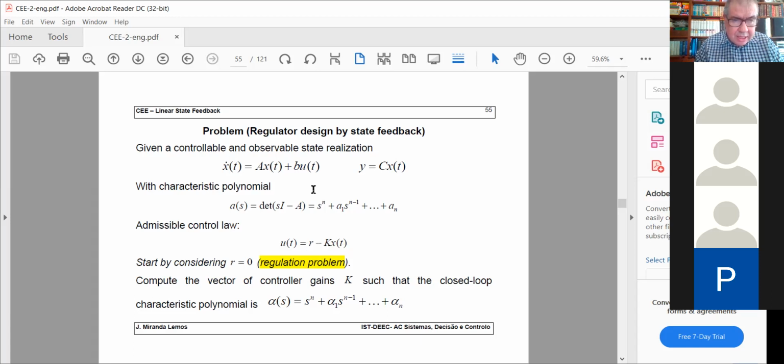So you plug it there, okay? And instead of imposing the closed loop eigenvalues or the closed loop poles, you select a polynomial with the poles that you want to impose. So this alpha polynomial that you see here in the bottom is such that its roots are the poles that you want to impose to the closed loop.